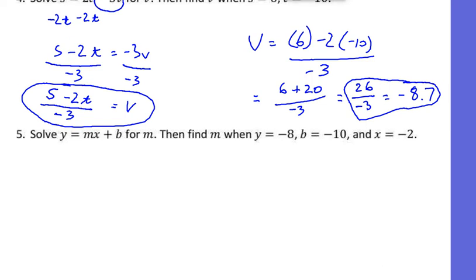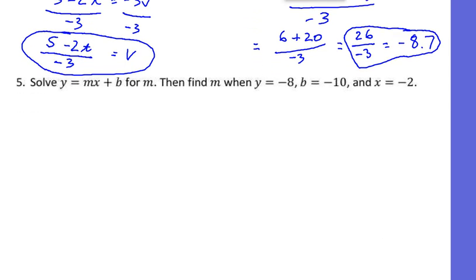In example 5, we're looking at the slope-intercept form of a line. This is a very common formula that we use in algebra. Y equals mx plus b. M is the slope, b is the y-intercept. We're solving this for m. So again, maybe we circle the term that includes the m, and we see that we must subtract b from both sides of the equal sign.